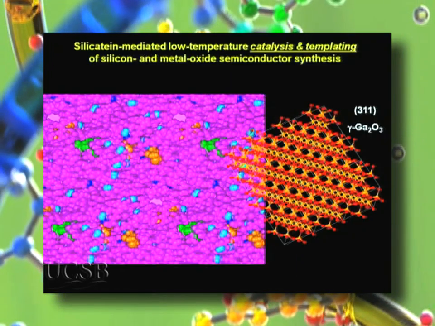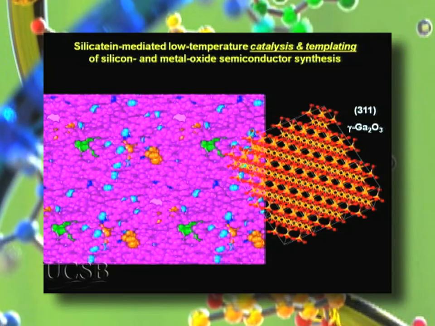We found beyond this that silicon is a metalloid. It's metal-like in its chemistry. And in fact, we found that the way that biology is dealing with silicon is similar to the way in which it interacts with many metals.